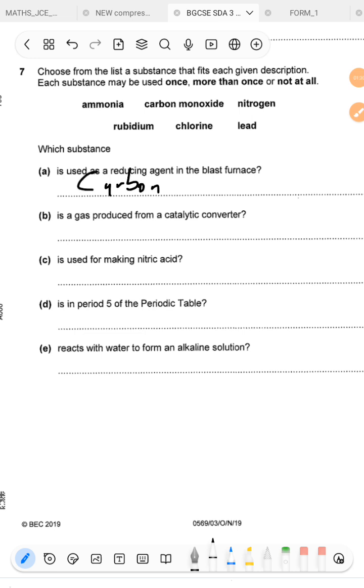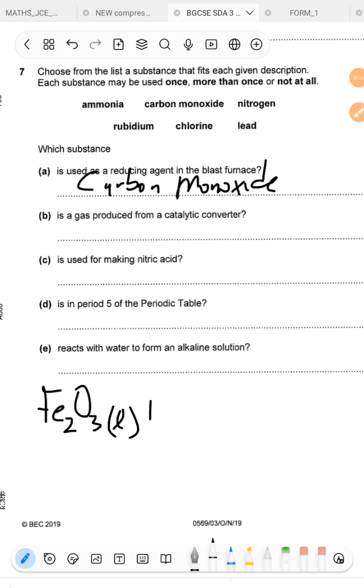Carbon monoxide. Remember that in the blast furnace, you react your molten iron 3 oxide with this guy, carbon monoxide, to get the iron plus carbon dioxide.